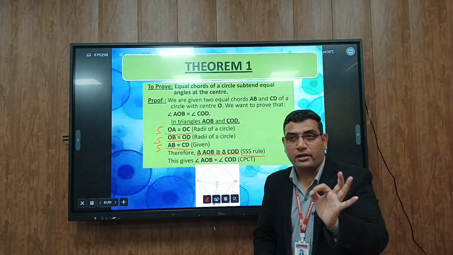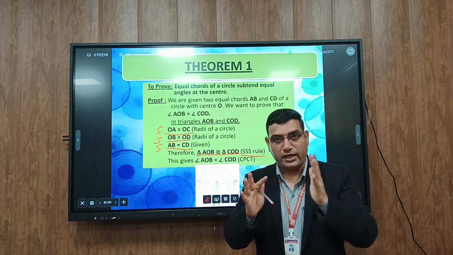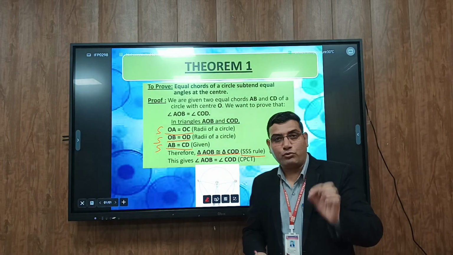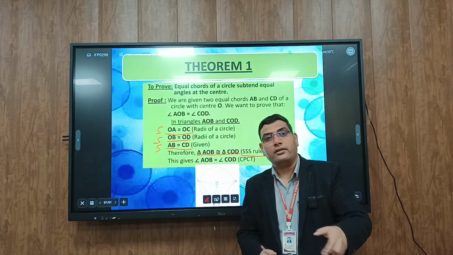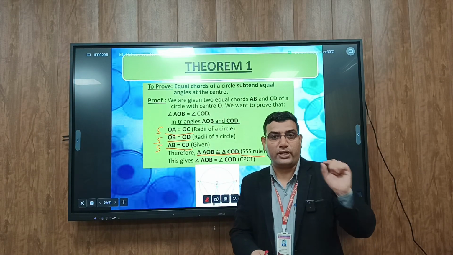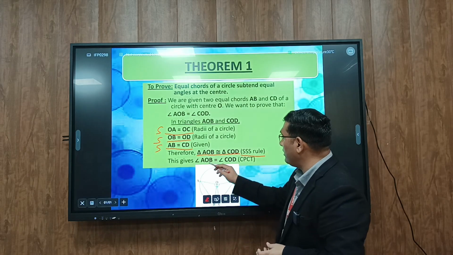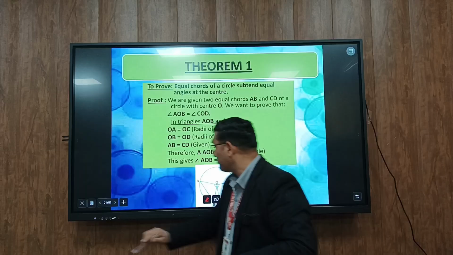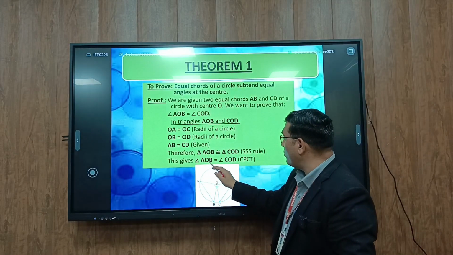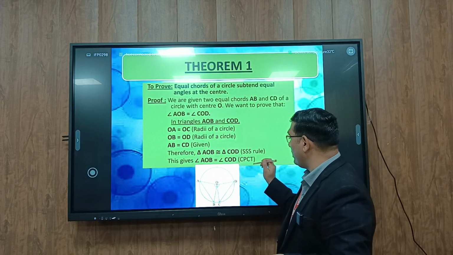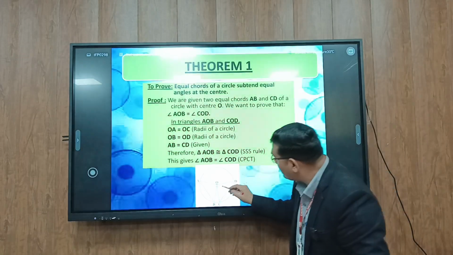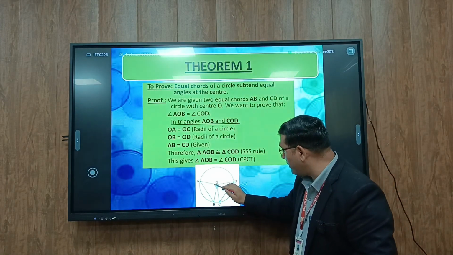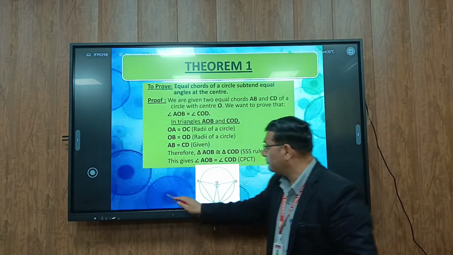CPCT means corresponding parts of congruent triangles. If two triangles are congruent, then the corresponding parts of the congruent triangles are equal. So angle AOB is equal to angle COD by CPCT, and we have proved these angles equal.